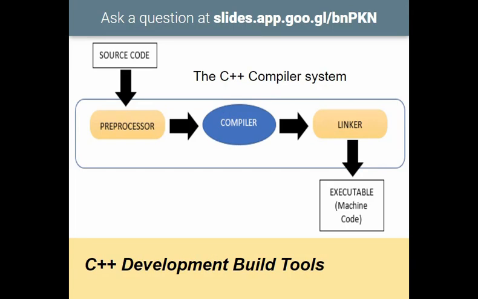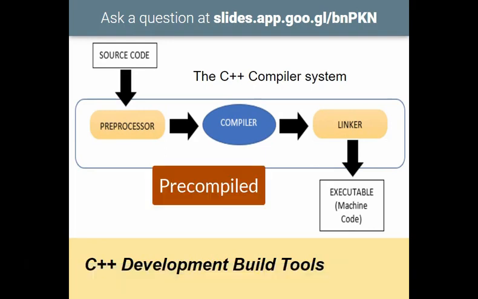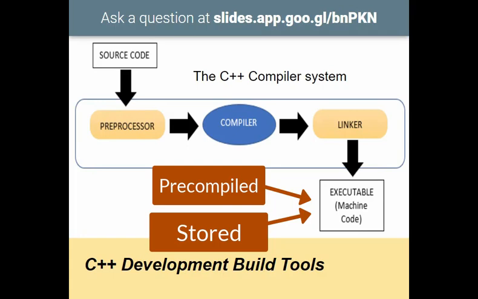It's clear, C++ code is incapable of running by itself, and it needs some additional machine code to make a complete executable program. Okay. So the missing machine code has been precompiled and stored.